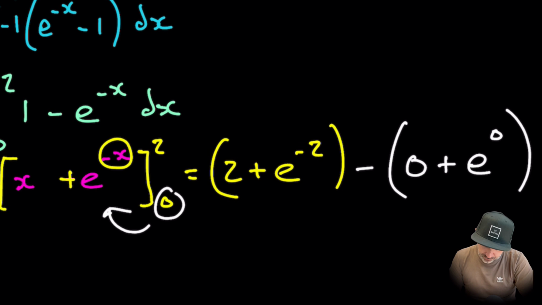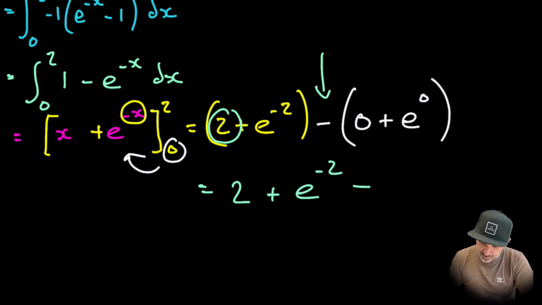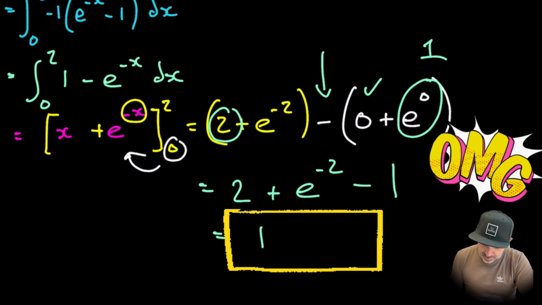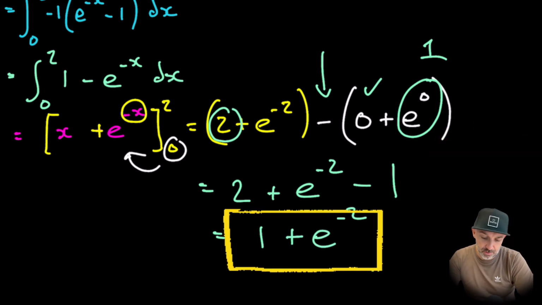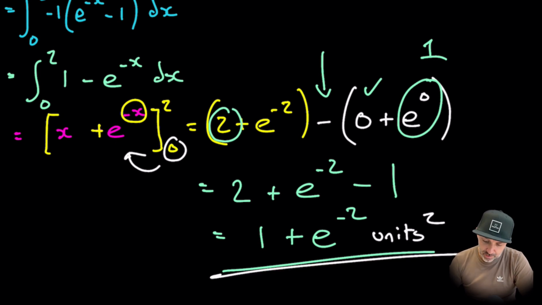So in the final line, we're going to get 2 plus e to the minus 2, subtract 0, that doesn't matter, but subtract this expression, which is 1. So all of this is going to come out to be 1 plus e to the minus 2 if you had to write it as an exact value. Now, that is units squared. So that's something we didn't see in part 1, and that is a little bit more tricky.